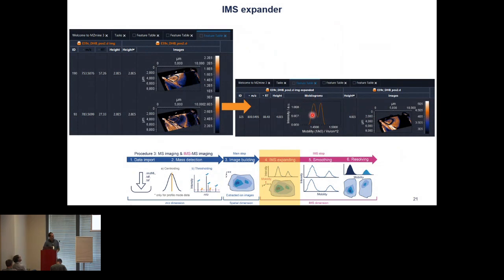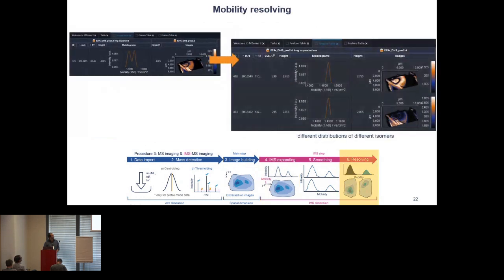You can see in this case, for this mass, we actually have two peaks in the mobilogram. So these have the same mass. They are kind of merged in this image. So then we use the resolving module to separate them, and we get two different extracted images in the feature table.